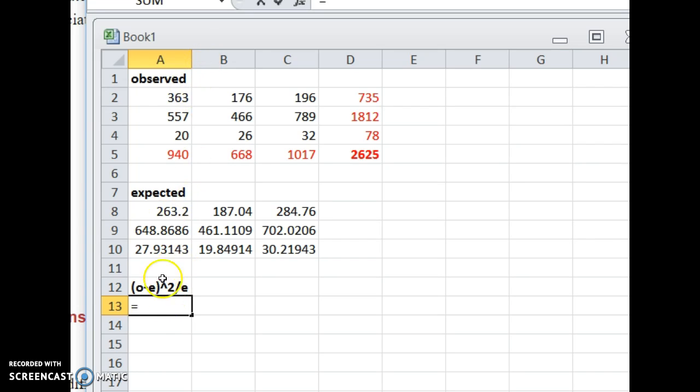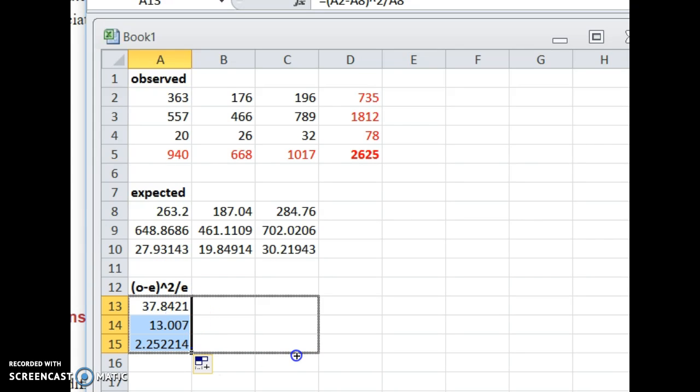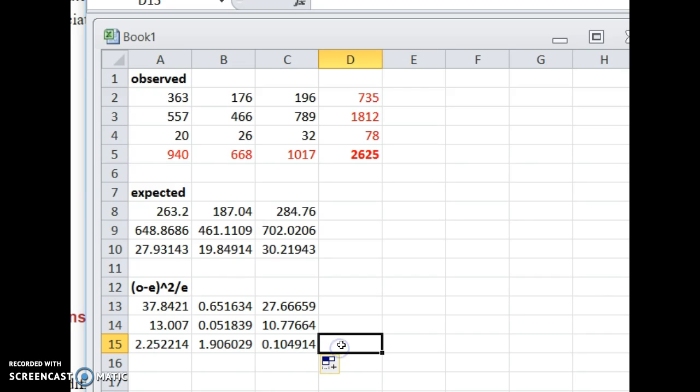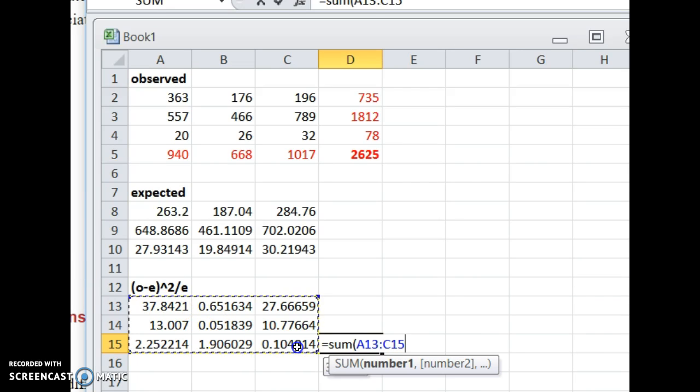Equals, parenthesis, observed minus expected, parenthesis, squared, divided by what I expect. And I can just click and drag, equals the sum of all of these, close the parenthesis.